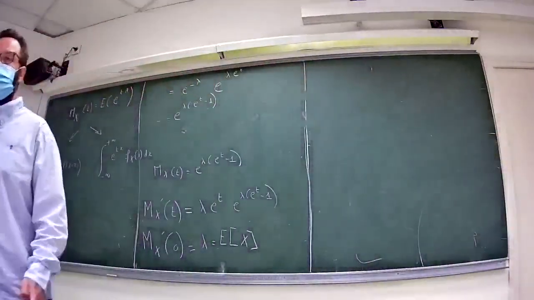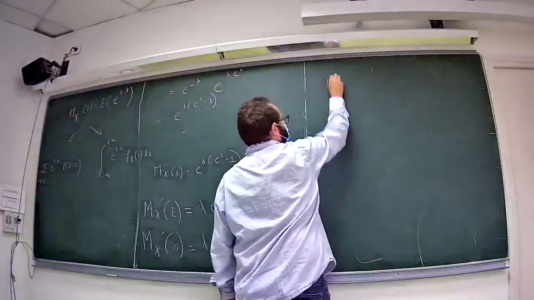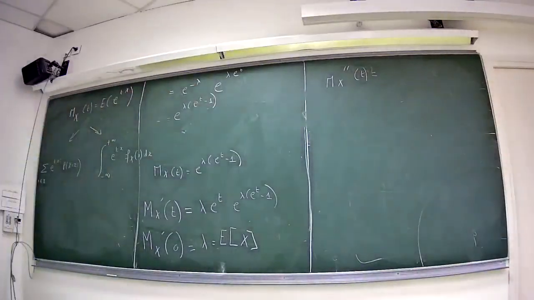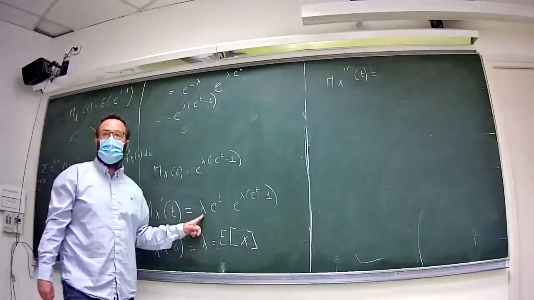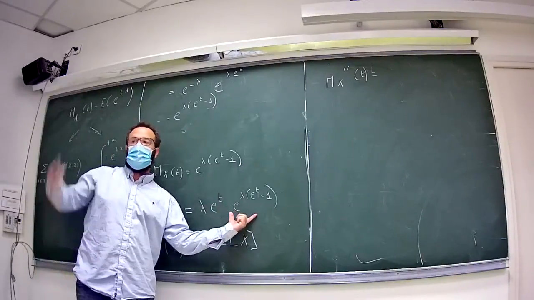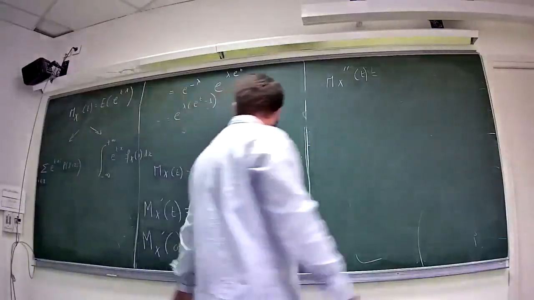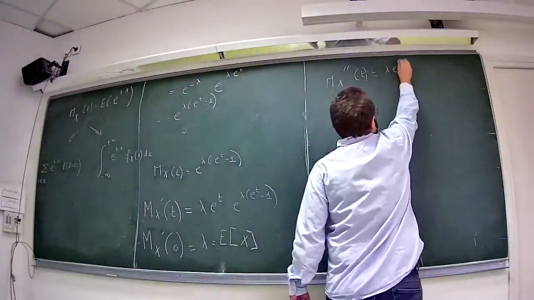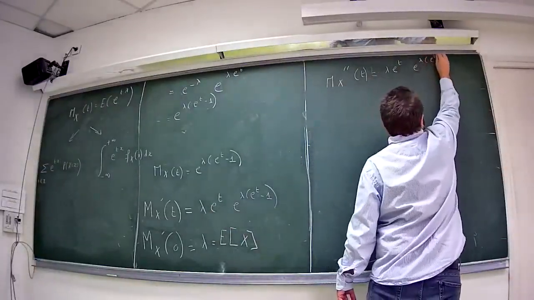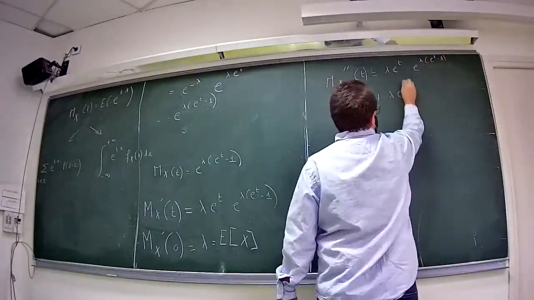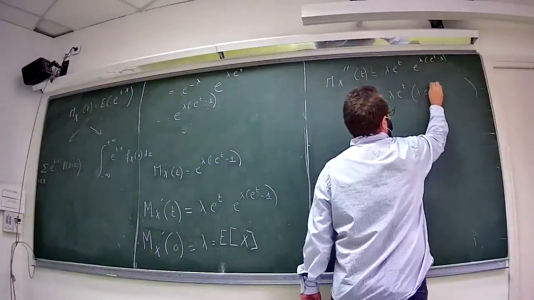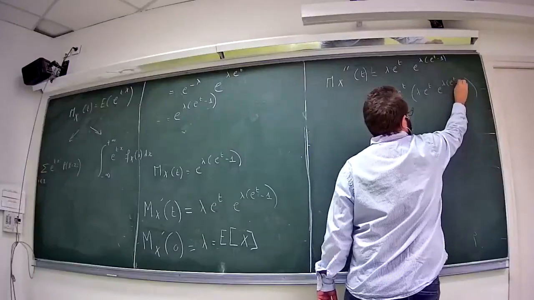If I compute the second derivative, and after I will stop, but it should be possible to continue. The second derivative is just the first derivative of the derivative, so I have to compute the derivative of this one. It is of the form u times v, so u prime v plus u v prime, with the v that is of the form exponential of something. So u prime is lambda exponential t, u prime v is lambda exponential t times exponential of lambda exponential t minus 1, plus u v prime, that I have already computed here, that is lambda exponential t times exponential of lambda exponential t minus 1.